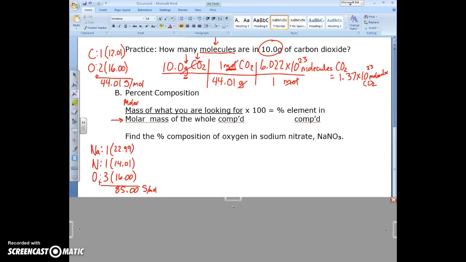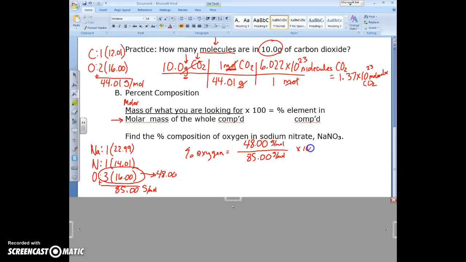Now, I need to find the percent oxygen. I need to take the mass of all the oxygens. Well, in this particular compound, there are 3 of them. 3 times 16 is 48 grams per mole. So that's what's going to go on top, the mass of all my oxygens, because that's what I'm looking for, grams per mole, over the mass of the whole thing, which we calculated, 85 grams per mole.